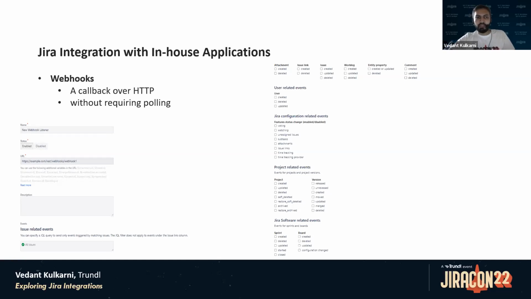In both ways, you can have the webhook configured and set the configurations and related events to notify the other end of the application. So when your end goal is just to notify what is happening in Jira, then yes, you are good to go with implementing a webhook in Jira.